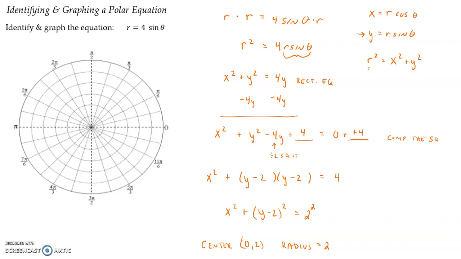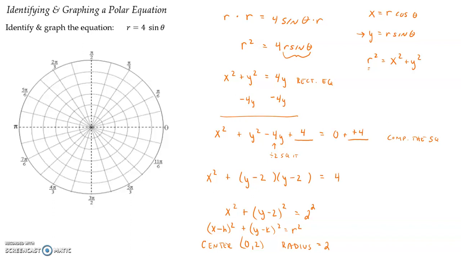We'll go ahead and put our standard form of a circle equation up here. It's x minus h, the quantity squared, plus y minus k, the quantity squared, equals r squared. Okay, h, k in this case would represent your center, and obviously r represents the radius of your circle.